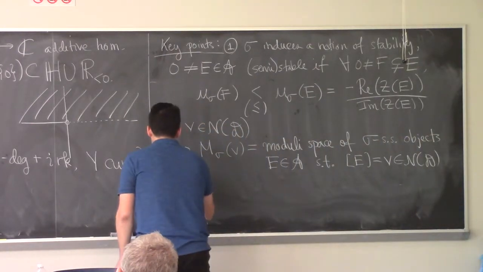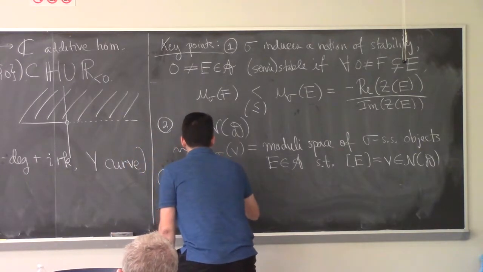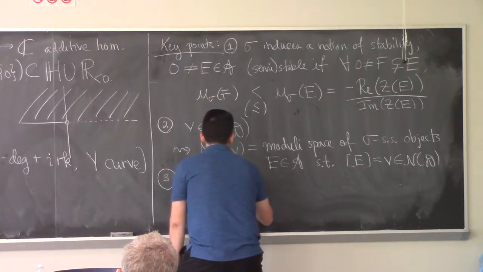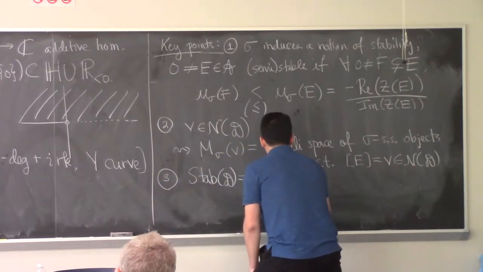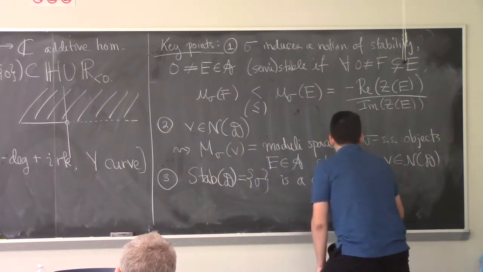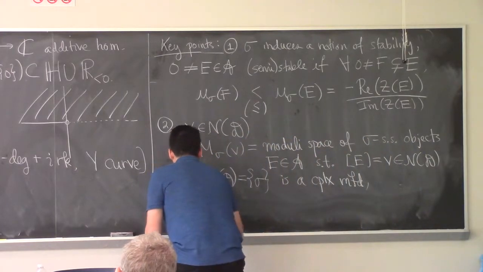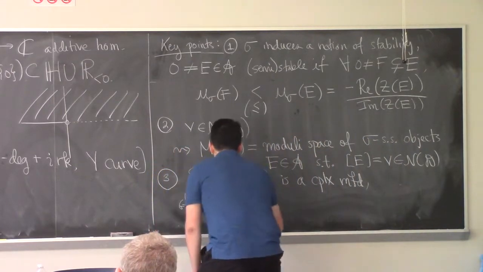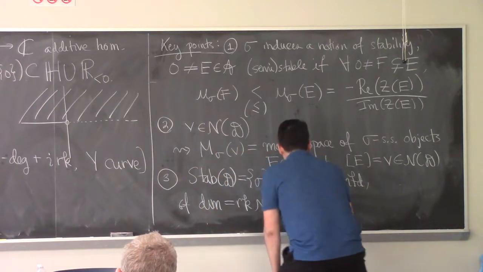And the third thing, which is nice, is that the set of all stability conditions, which I'll call Stab of D, is a complex manifold. And it has dimension equal to the rank of the numerical Grothendieck group of D, at least if it's non-empty.